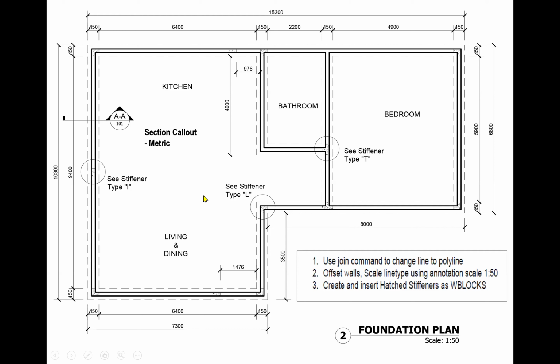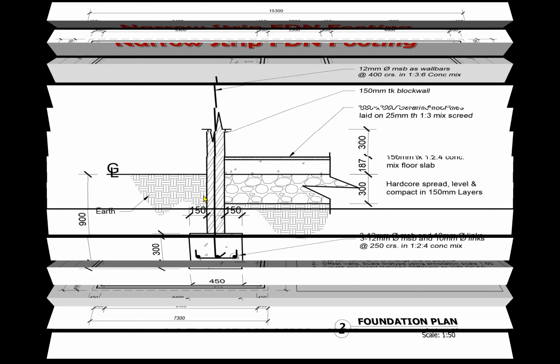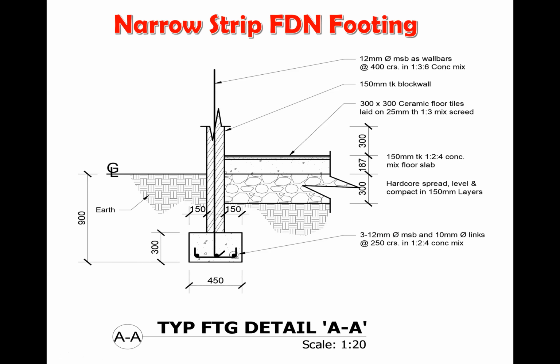All right, so let's look at a typical cross section of the foundation that we are drawing. So this is a typical footing, which is called a narrow strip foundation footing. A narrow strip foundation basically is where the width of your footing is maximum 3 times the width of your wall.